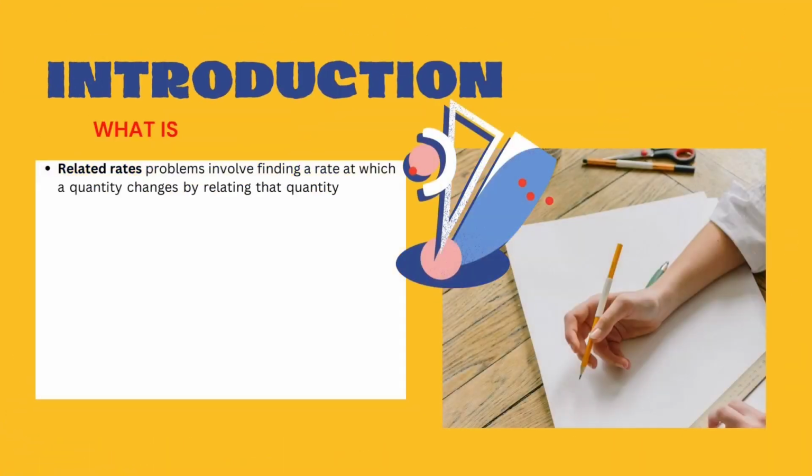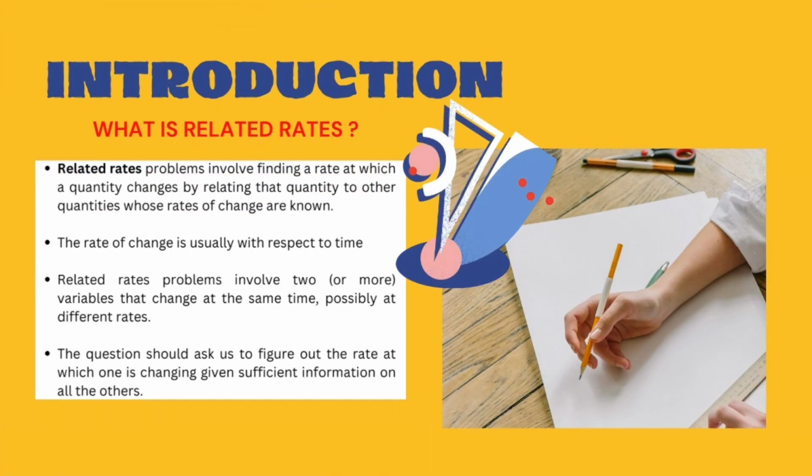So, what is related rate? Related rate is a problem that involves finding a rate at which a quantity changes by relating that quantity to other quantities whose rate of change are known. The rate of change is usually with respect to time.